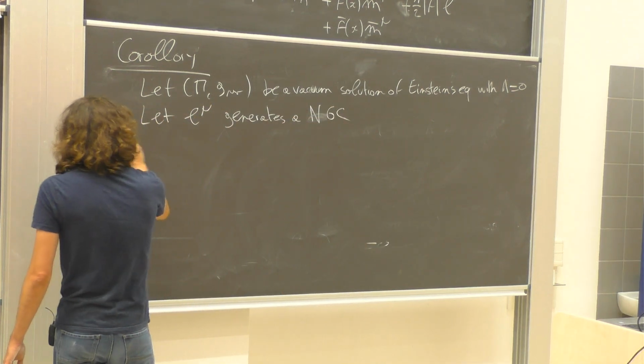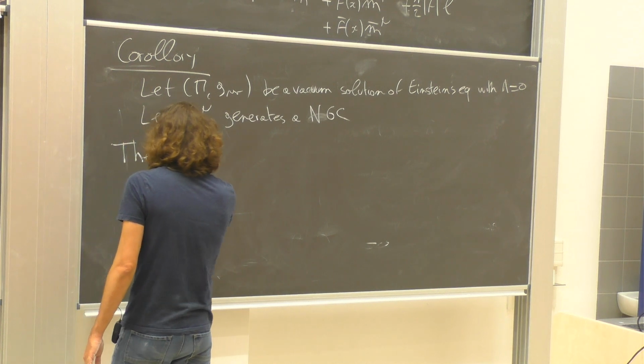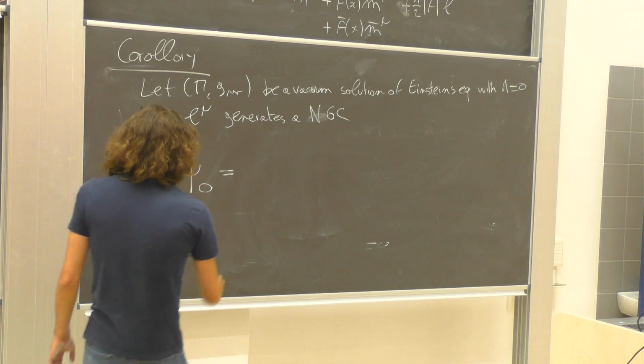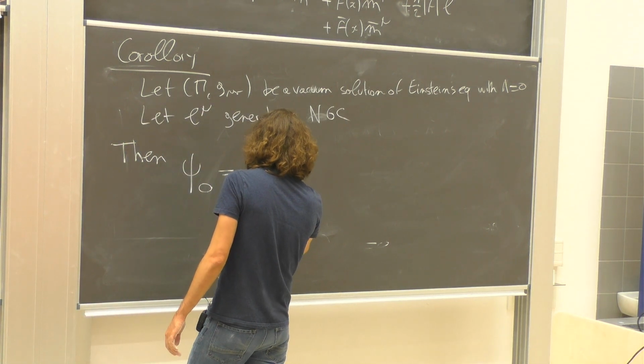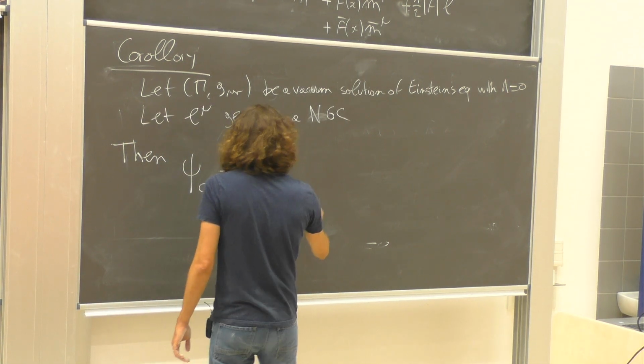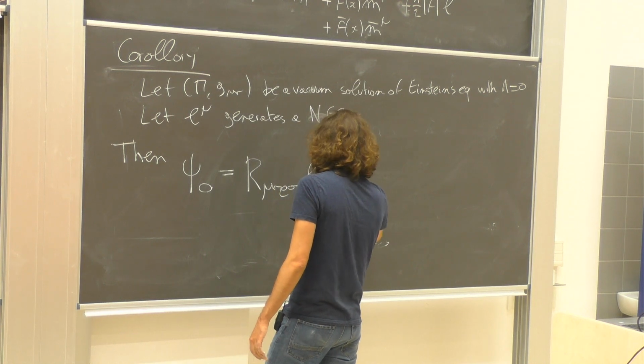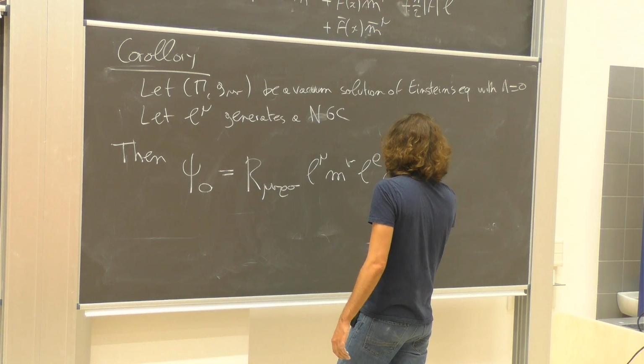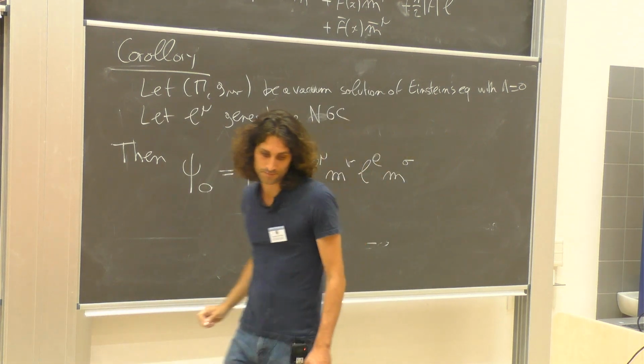Then you can compute the following object, which I'm going to call psi 0. It is psi 0 equals R mu rho nu sigma L mu M nu L rho M sigma.